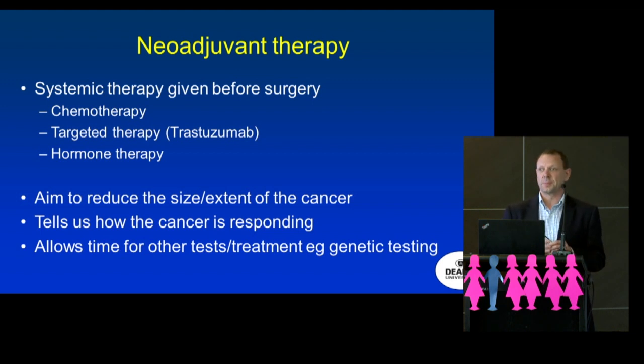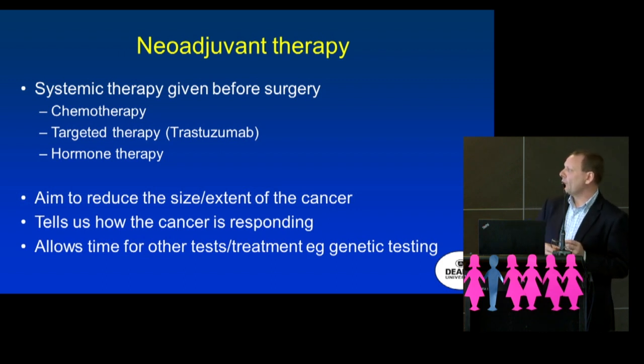Now, for some women, that's a bit challenging, knowing that the lump is still there. But once they start to see it shrink, it tends to be a little bit more reassuring, but still a little bit nervous. It also allows us other times, so things like we can do genetic testing during that time frame. We can tee up breast reconstruction. We can sort out other things.